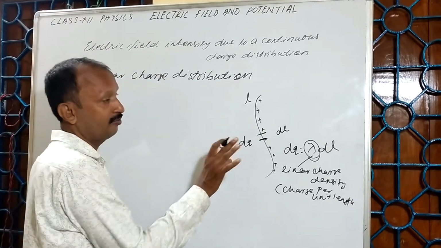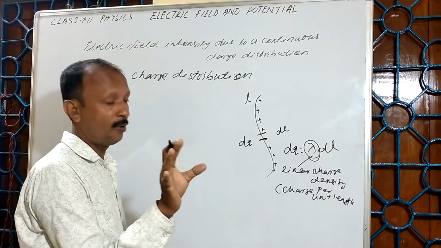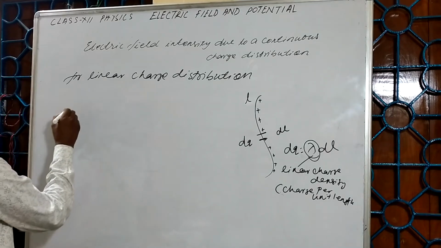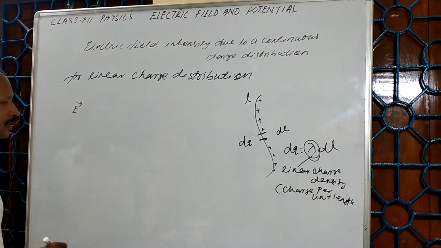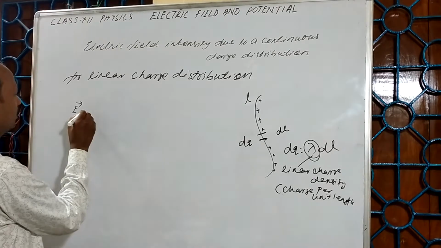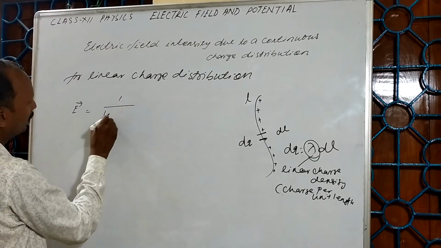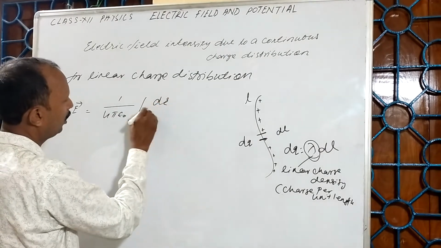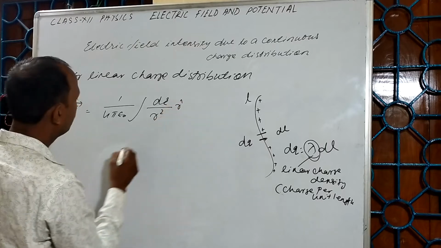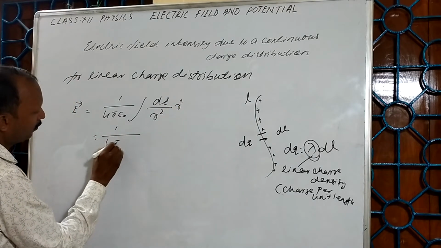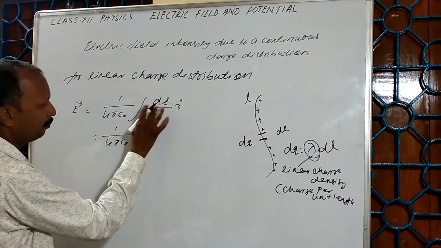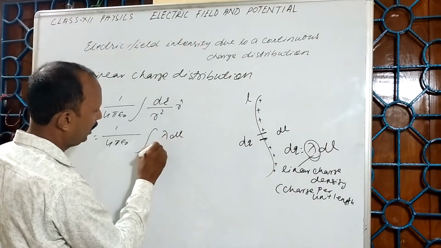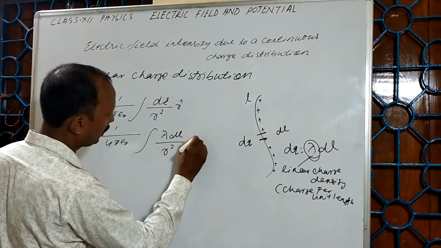Then I can apply the formula for point charges. Now I can write that the electric field intensity is equal to 1 upon 4 pi epsilon naught integral of dq upon r square, which is equal to 1 upon 4 pi epsilon naught integral of lambda into dl upon r square.